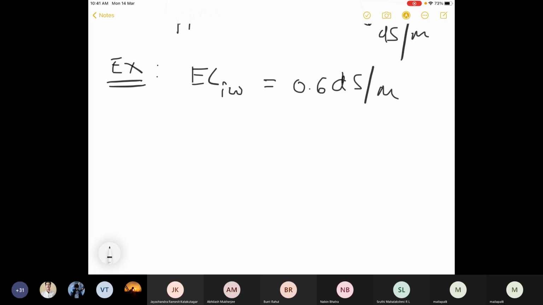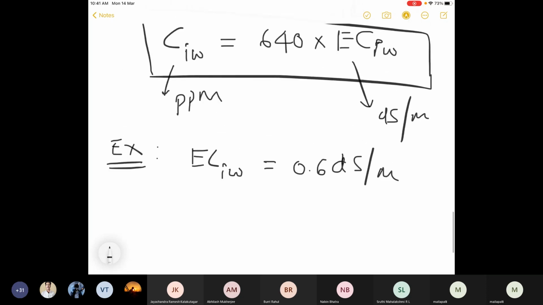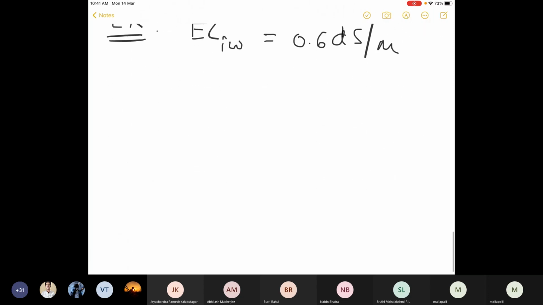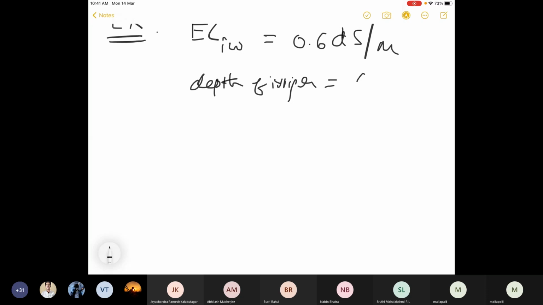So let's say you have applied a depth of irrigation, D, equal to 600 mm. So this is the depth of water you applied through irrigation. What is the area? The area of the field will be 1 hectare. So the question here is, what is the mass of salts added?